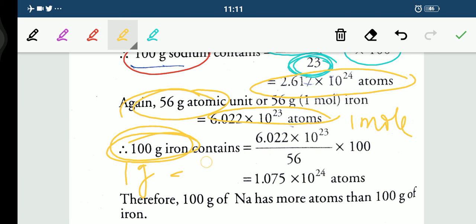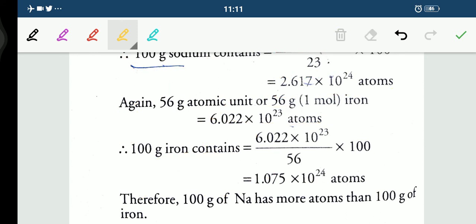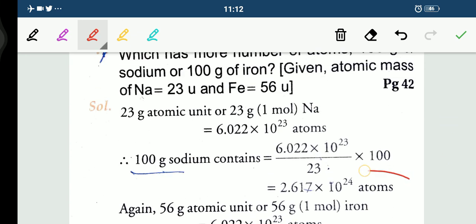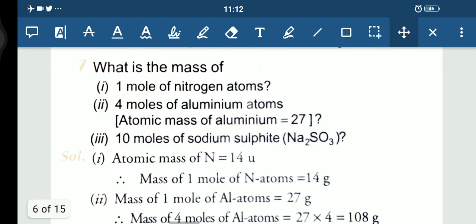For 1 gram it is 1 mole upon 56, and for 100 gram it should be multiplied by 100. You can write down the Avogadro number instead of writing 1 mole. So we have done Avogadro number divided by 56 and multiplied by 100. We get our answer, that is 1.075 into 10 raised to power 24 atoms. So here you can see 100 gram of sodium has more number of atoms. So this was your question.